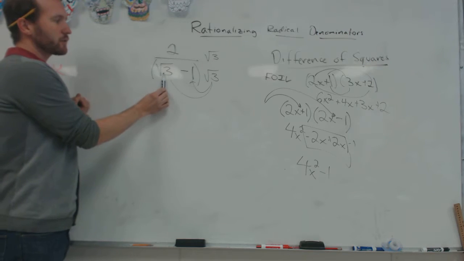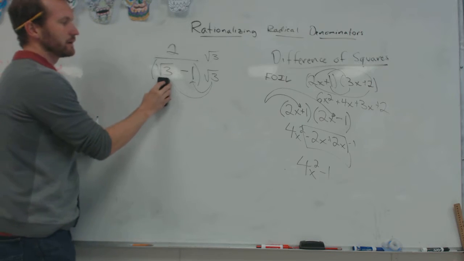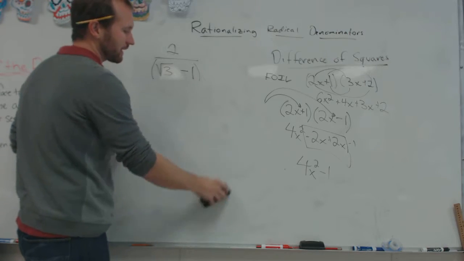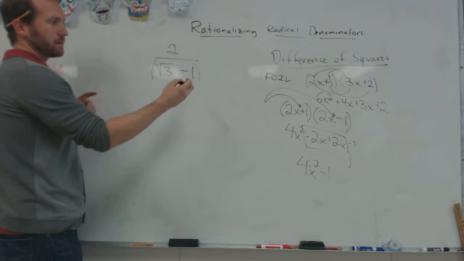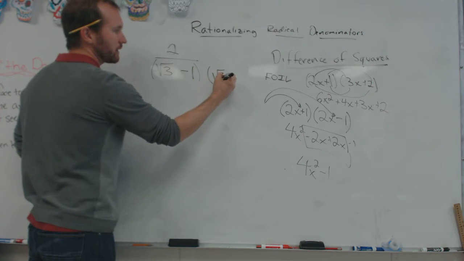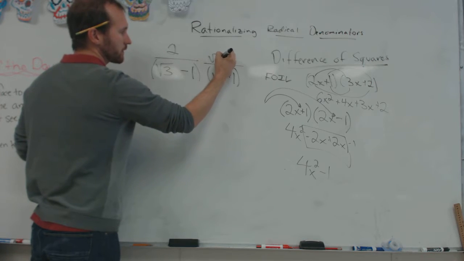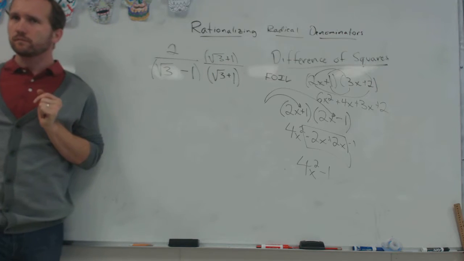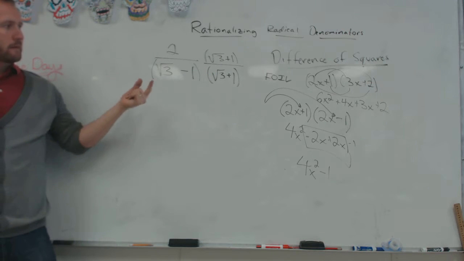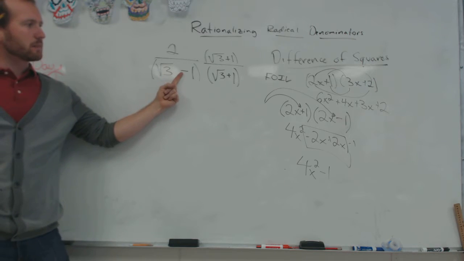The square root of 3 minus 1 can be cleared by multiplying by the conjugate. So I'm going to multiply this by the square root of 3 plus 1 over the square root of 3 plus 1. So I took my denominator, and all I did was change the minus to a plus.